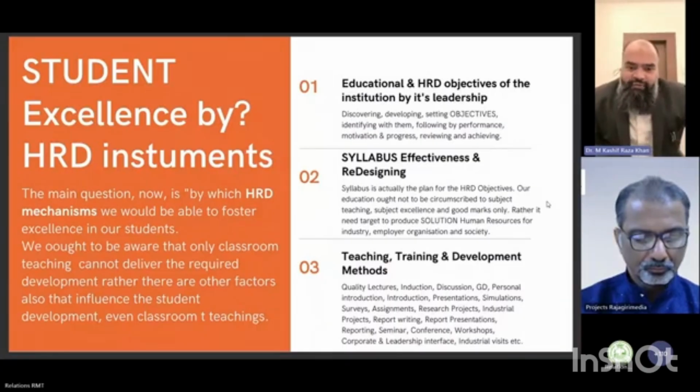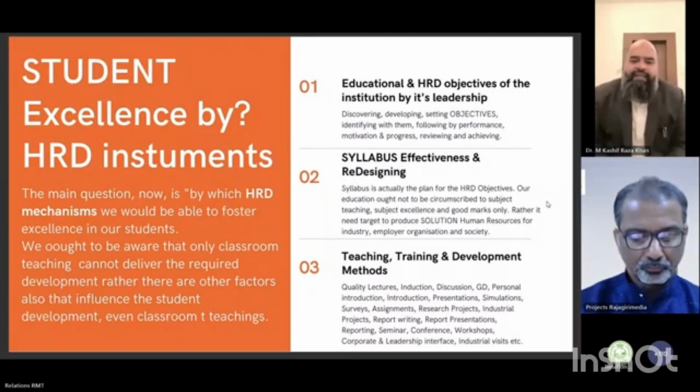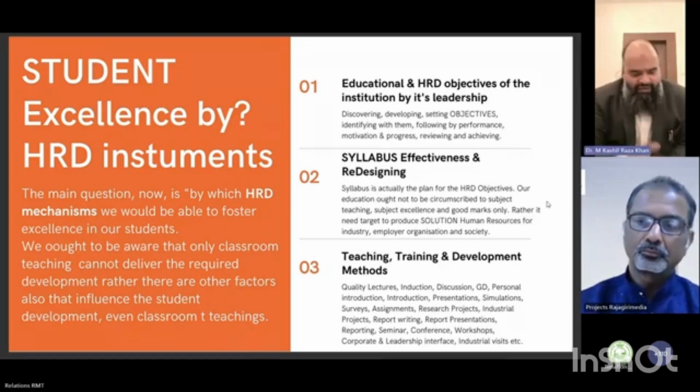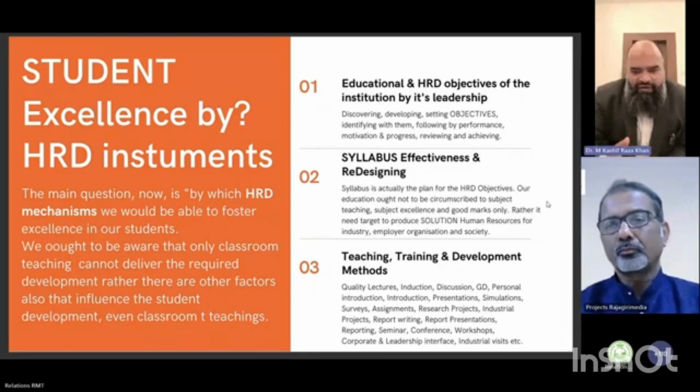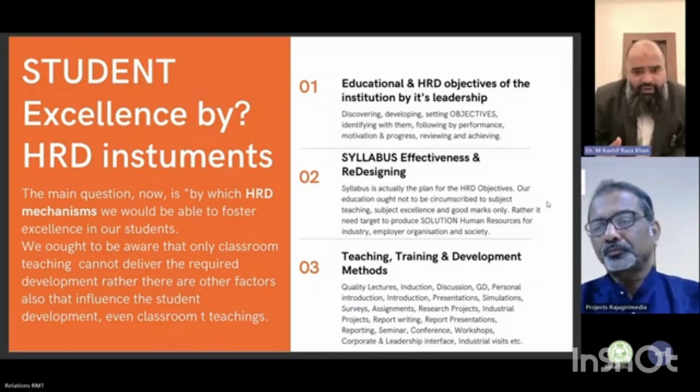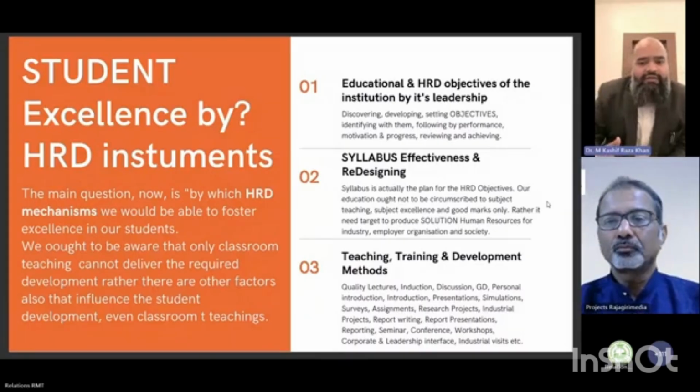And our syllabus needs a little bit of redesign. Our syllabus need not be limited and circumscribed to only core subjects. As we had mentioned, which excellence? We need subject excellence, but we need communication excellence also. We need career management skills also.